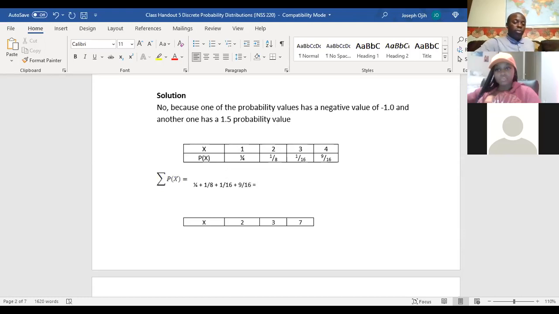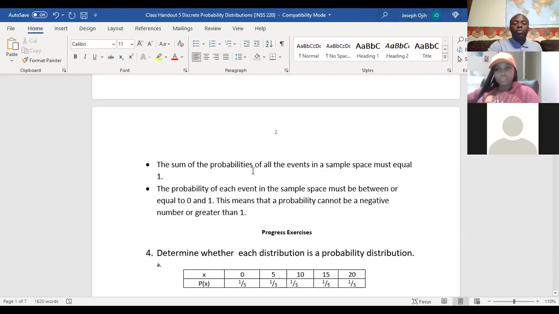Let me write it down so we can add them. If they add to 1, that means that it satisfies the first rule, which says that the sum of the probabilities of the events in a sample space must equal 1.